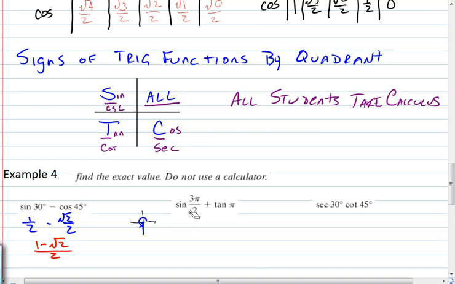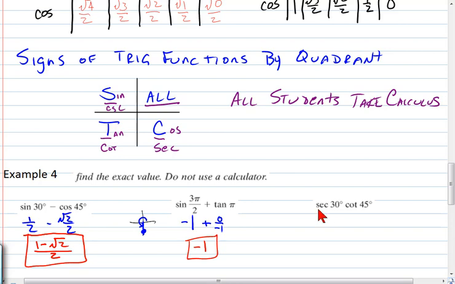And sine is the y value of the point, so that's going to be -1 plus, and what's tangent of pi? Pi is the negative x-axis. Tangent is y over x, so that's 0 over -1. So this answer here, when we combine these two terms, is going to be -1. This is just reasoning it through.